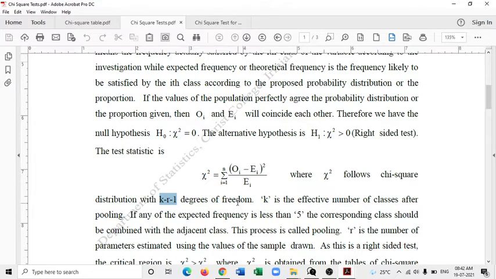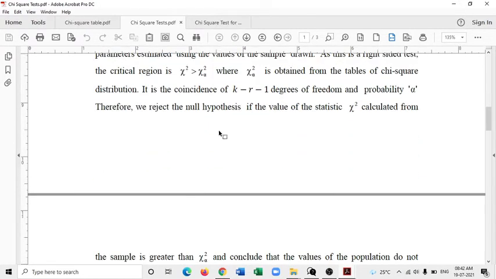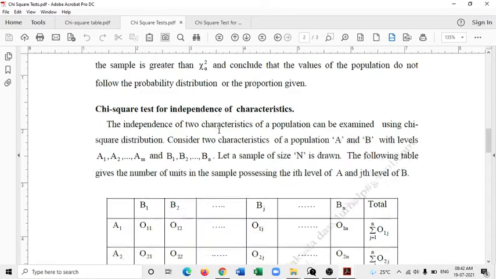Therefore, the critical region is given by chi-square greater than or equal to chi-square alpha, where chi-square alpha is the value at the intersection of the row corresponding to k minus r minus 1 degrees of freedom and probability alpha. That's about test 4, goodness of fit.